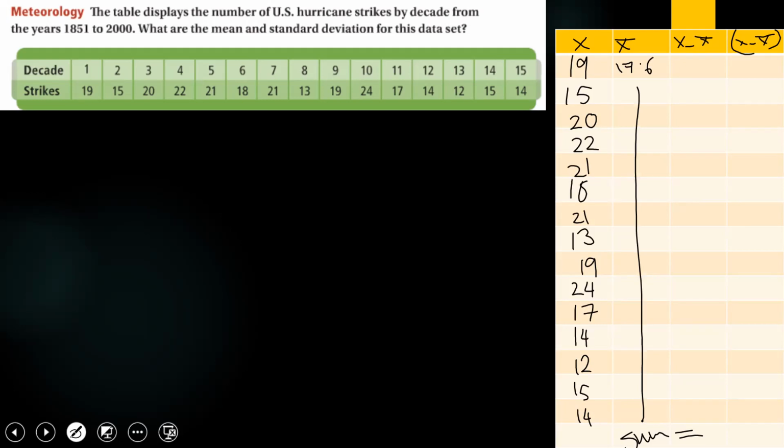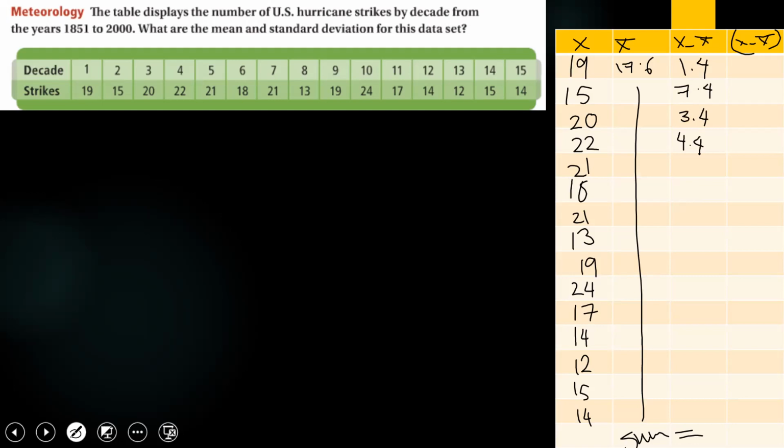Let's now subtract: 19 minus 17.6, which is 1.4. 15 minus 17.6, which is negative 2.6. Then 20 minus 17.6, which is 2.4. 22 minus 17.6, it is 4.4.